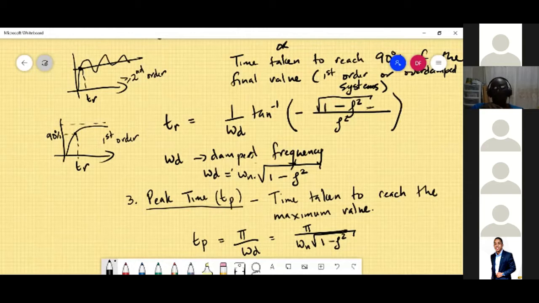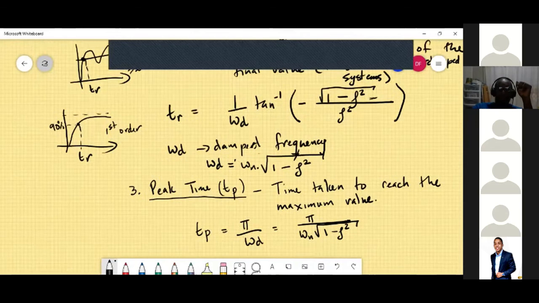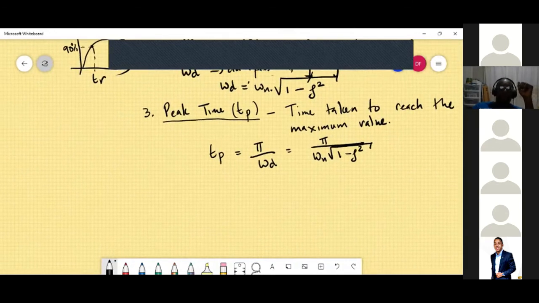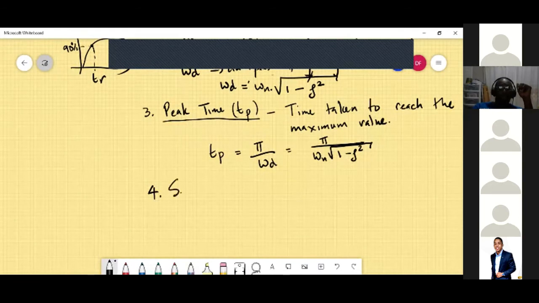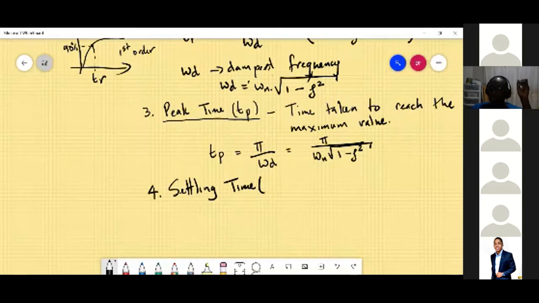All right, and the fourth one, if we're doing the actual system, this is the one that would be used the most, the settling time.